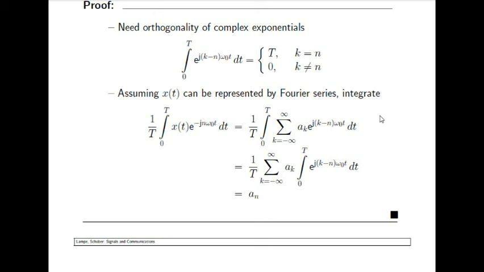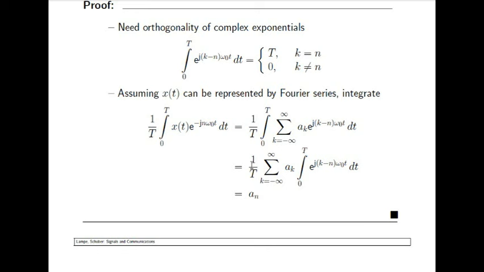So this function will be 1. We have rejected this term, and the summation of a_k from minus infinity to infinity we have represented as a_n. By rejecting this term we get 1, and integration of it over 0 to T gives capital T, and capital T and 1 upon T cancel out, and we get a_n.